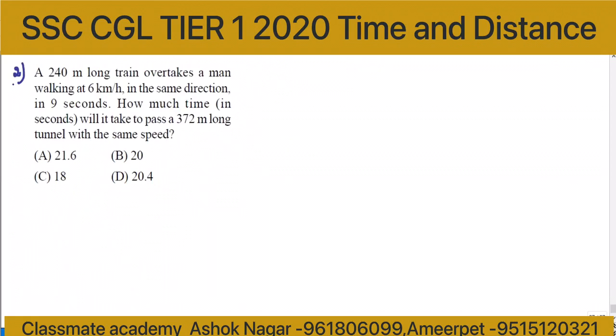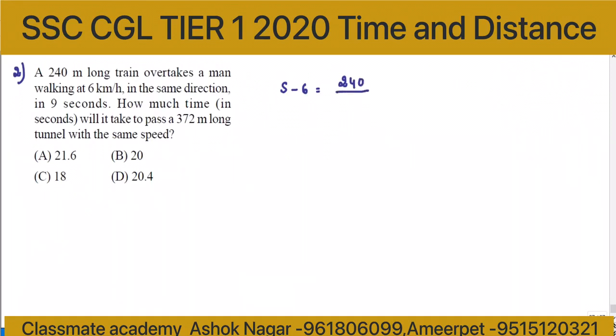A 240-meter long train overtakes a man walking at 6 km/h in the same direction in 9 seconds. Man is walking in the same direction. Okay. Speed of train, if I take it as S, same direction means the relative speed is S minus 6. How many meters long? 240 meters long.